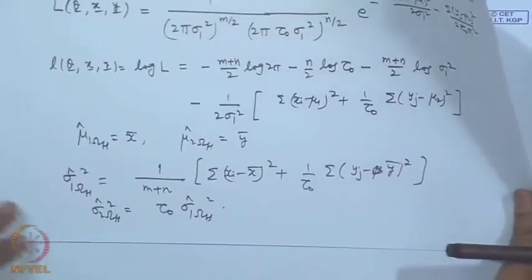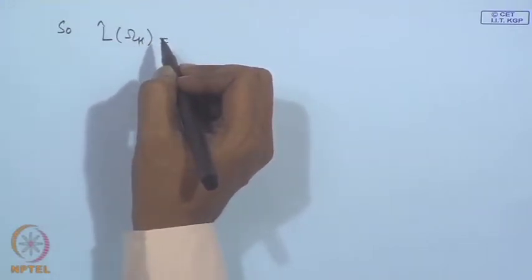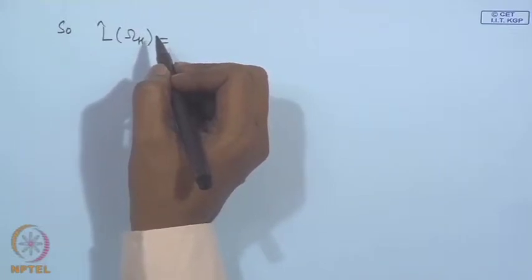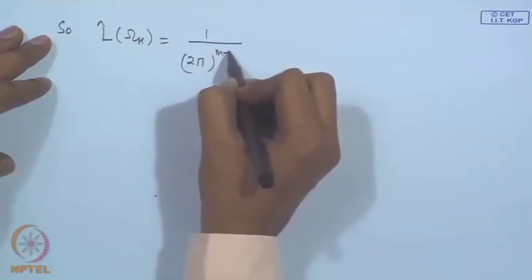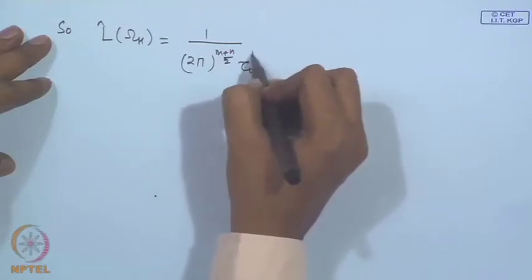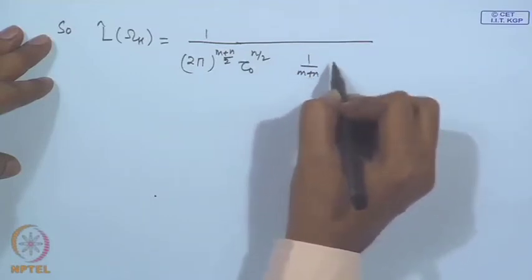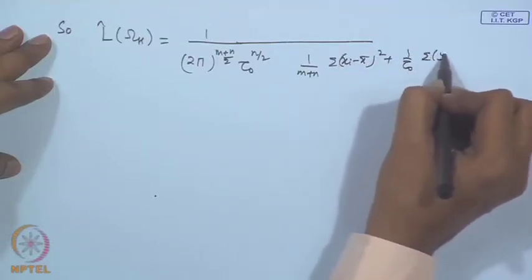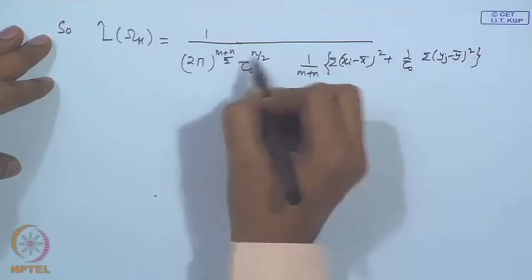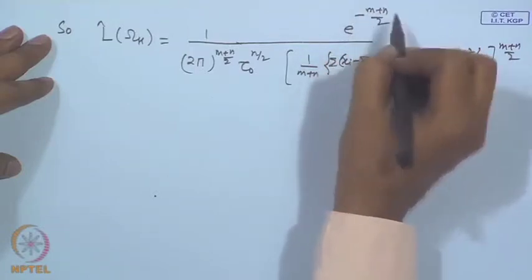As a consequence, if I substitute these values in the likelihood function, we get L hat omega h as 1 by 2 pi to the power m plus n by 2, tau naught to the power n by 2, and then 1 by m plus n sigma x i minus x bar square plus 1 by tau naught sigma y j minus y bar square, to the power m plus n by 2, e to the power minus m plus n by 2.